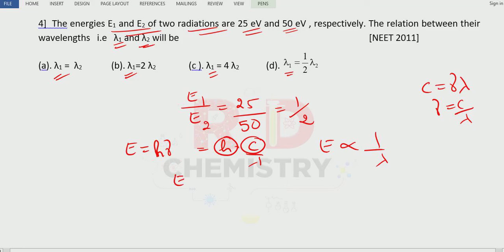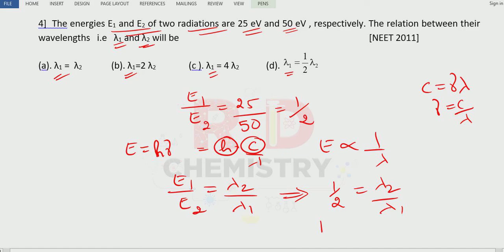Therefore E1 divided by E2 is equal to lambda 2 divided by lambda 1, which is equal to 1 by 2. Therefore lambda 1 is equal to 2 lambda 2 is the answer. Which answer is matching? Answer is option number B. Right? Clear?